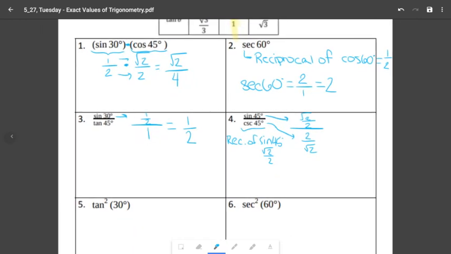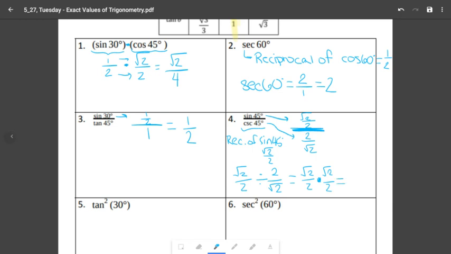So now for this one, if they are being divided, we have radical 2 over 2 divided by 2 over radical 2. Division, if you remember from the beginning of the year, we keep the first one, change it from division to multiplication, and then flip the second one.